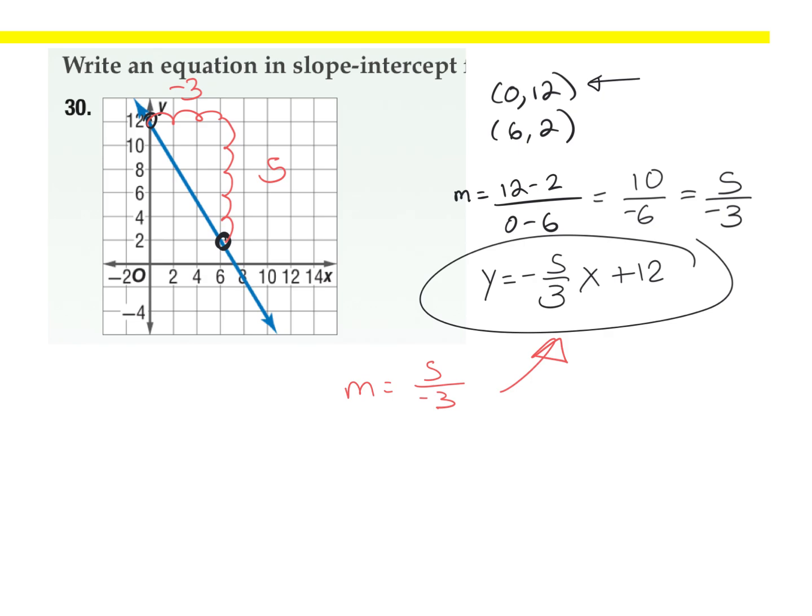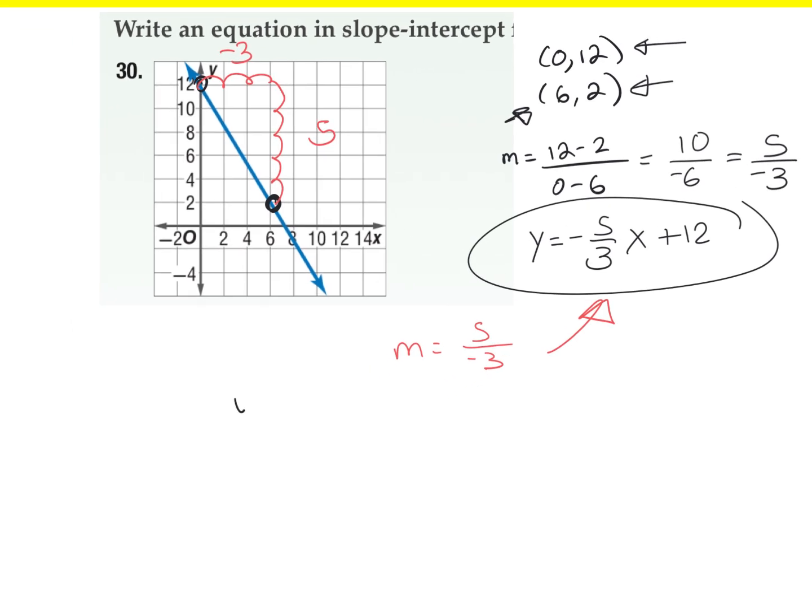I don't know which ones would be in this graph. You can plug these 2 points into the point slope formula. I'm going to choose these points right here. So you can do y minus 2 equals the slope of -5/3 times (x minus 6).